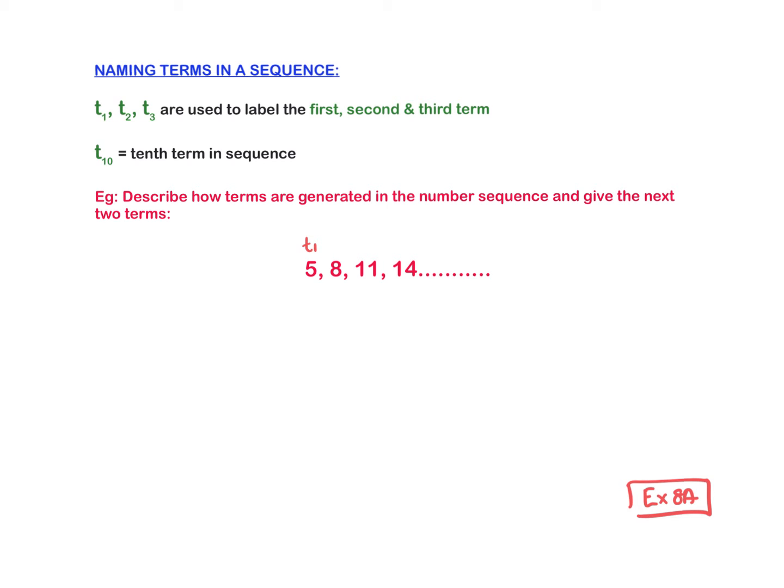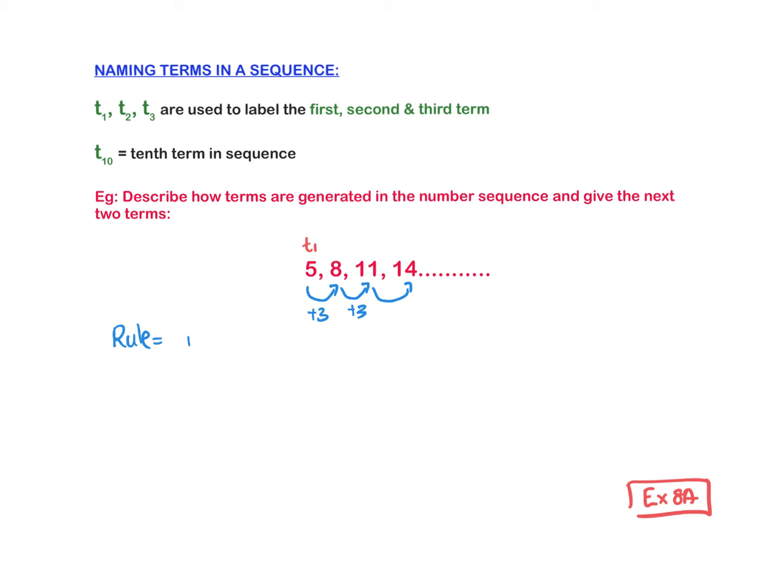Okay, describe how terms are generated in the number sequence and give the next 2 terms. Let's go have a look. Who can see what's happening in this sequence? What's the pattern here? Can anyone see what the rule is? Yep, good. We're adding 3 every time.